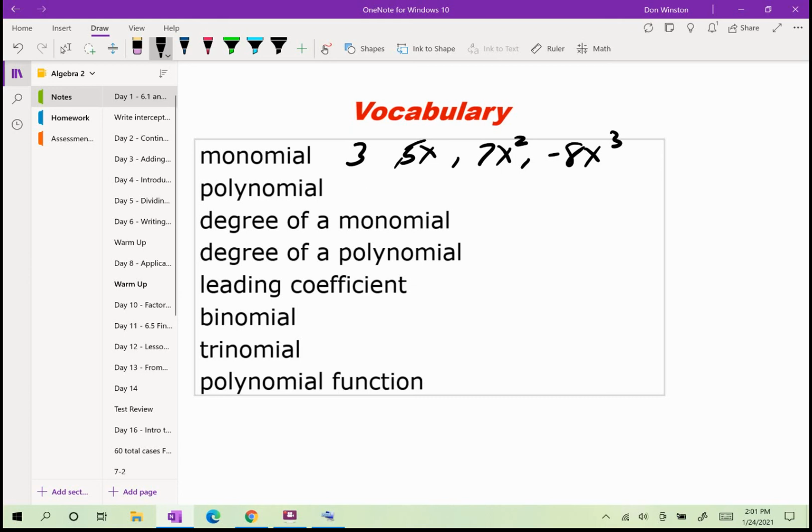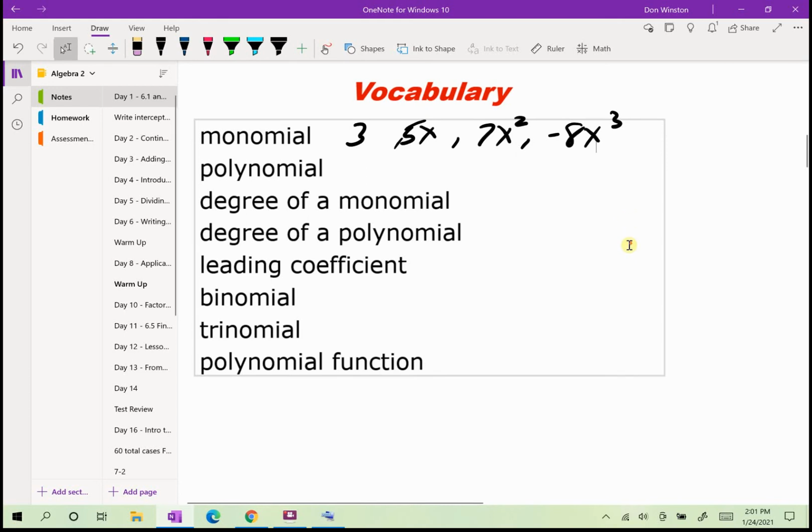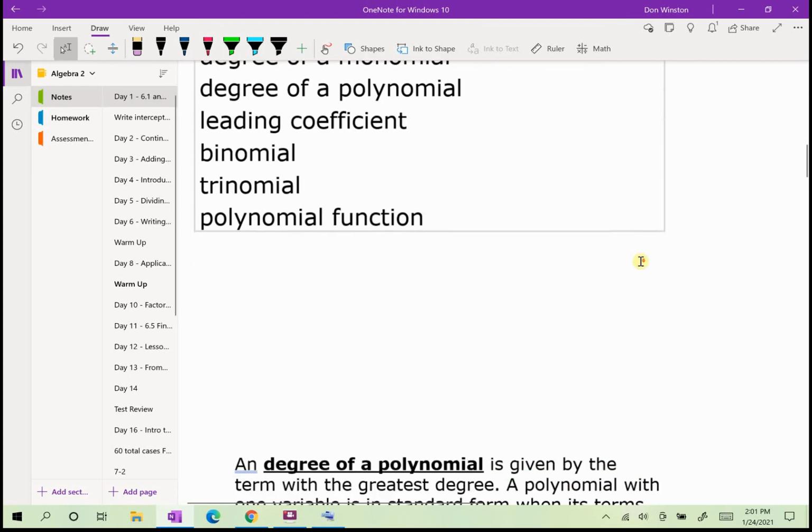Monomial, binomial, trinomial, so on and so forth. The degree of a monomial, okay? We'll define what the degree of a monomial is. In the degree of a polynomial, the leading coefficient, binomial, trinomial, and polynomial. So let's look at all of this vocabulary here.